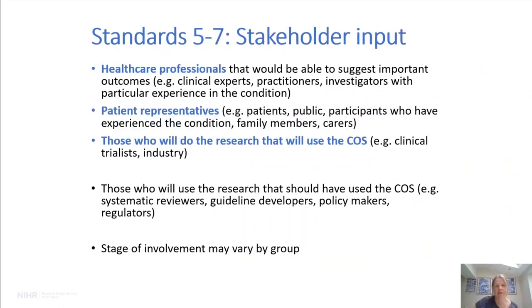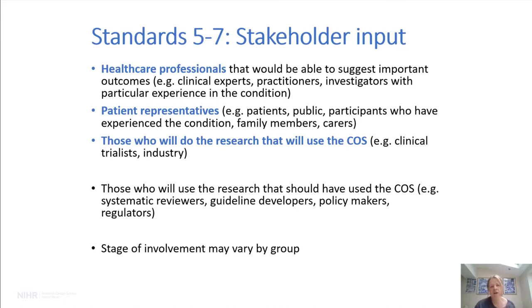Right, so standards 5 to 7 relate to whose opinion should be taken into account when you're deciding what the core outcome set should be. In the consensus work that we did, there was agreement that there are 3 stakeholder groups that are really important to include.